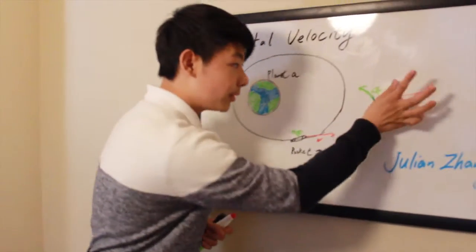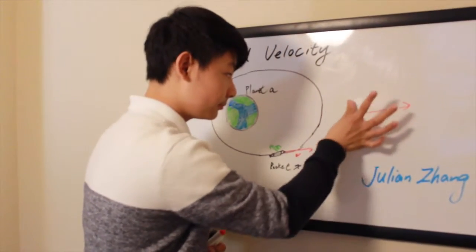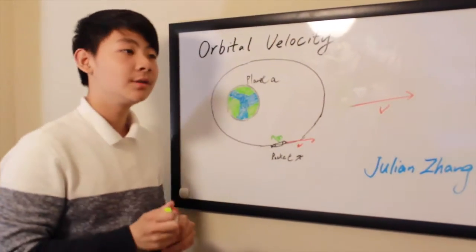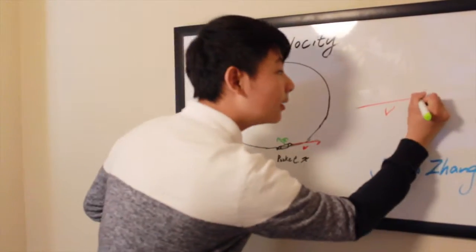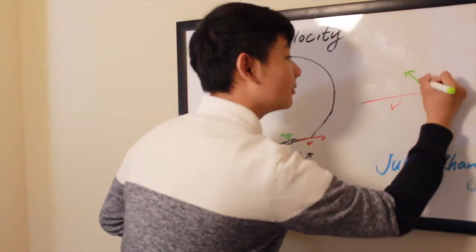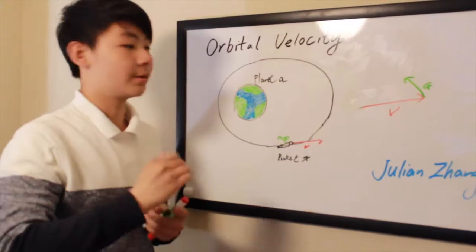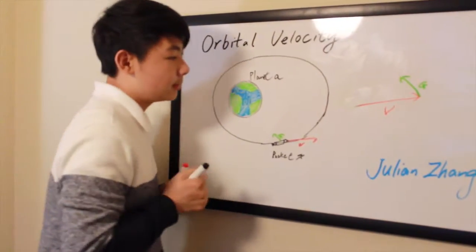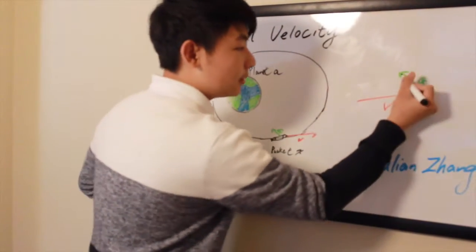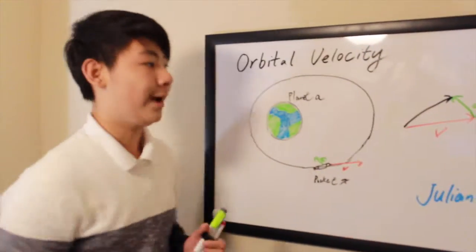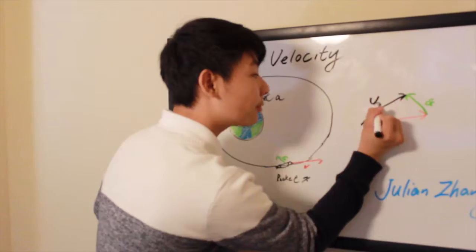We're going to add them by moving the gravity vector to the tip of the velocity vector. And then we're going to connect these two points together. And now we have the velocity orbit.